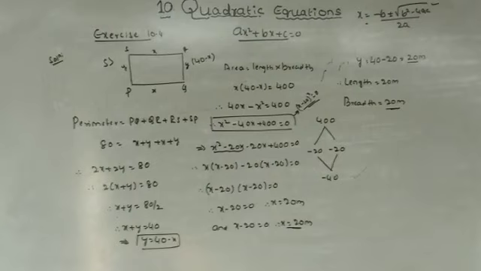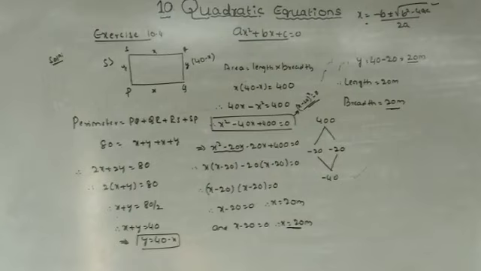Length is X, breadth is 40 minus X, and the given area is 400. So X into 40 minus X is equal to 400. Therefore 40X minus X square is equal to 400, so X square minus 40X plus 400 is equal to 0.